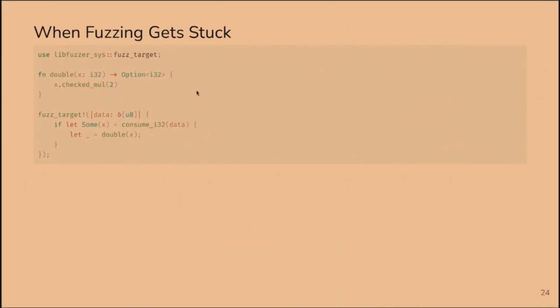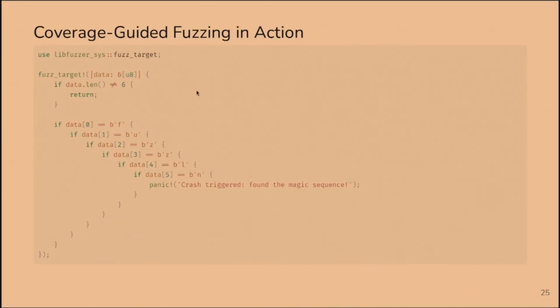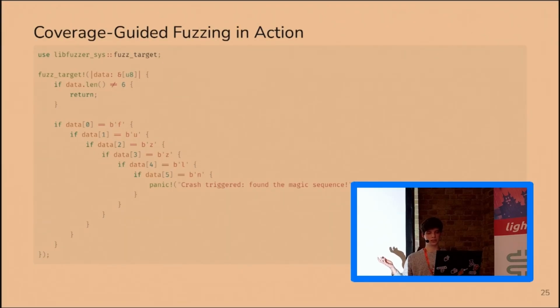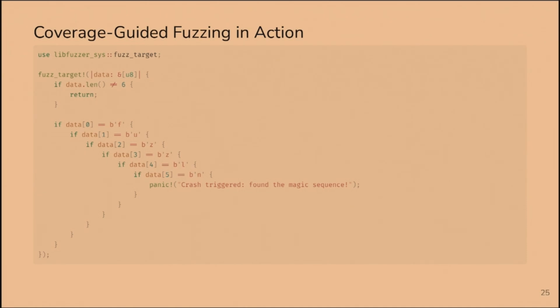So let's see one more example that can show us why giving back the coverage feedback to the fuzzer is important. In this case, the application will only crash if we send an ASCII binary that is "fuzzln". So we have this 6-byte sequence to crash our program.